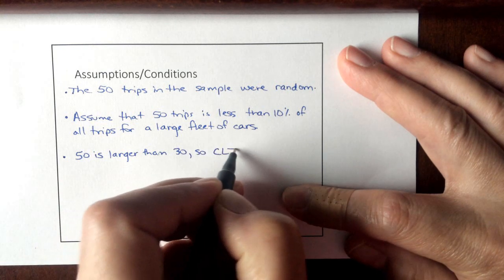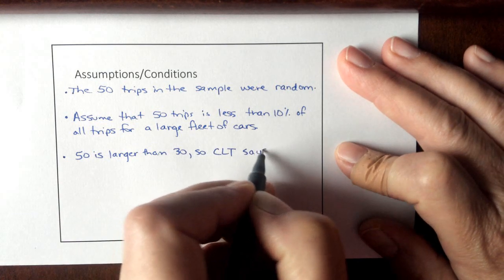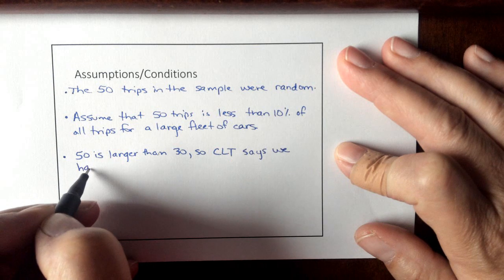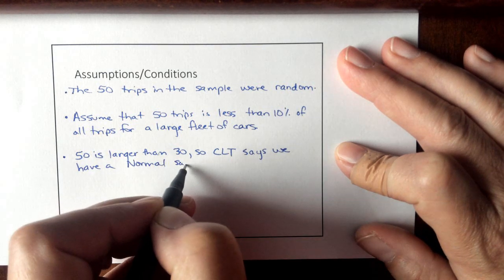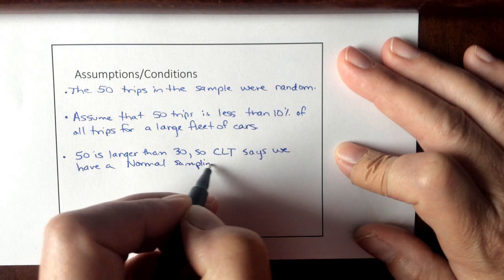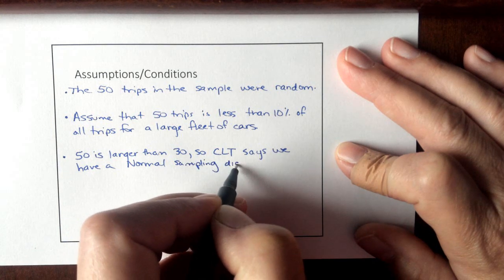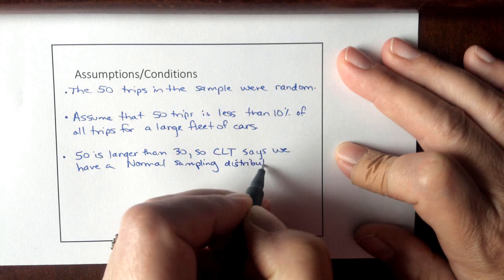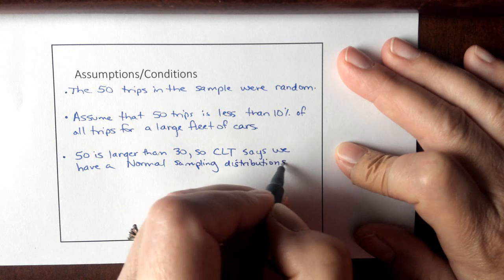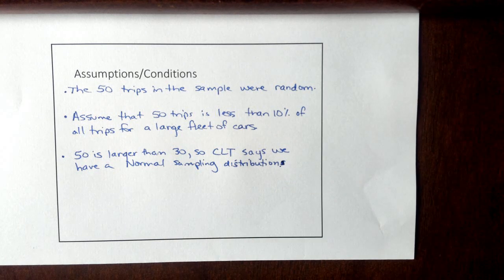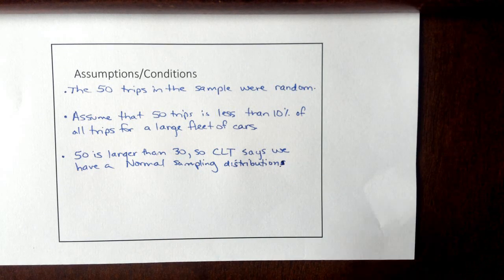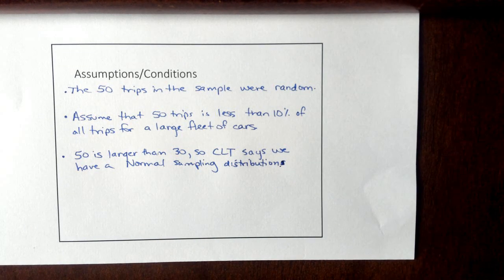So the central limit theorem says we have a normal sampling distribution. Yay. No graphs to draw. Not that we could anyway since we don't have the data. But definitely we can be sure that it is a nearly normal distribution.